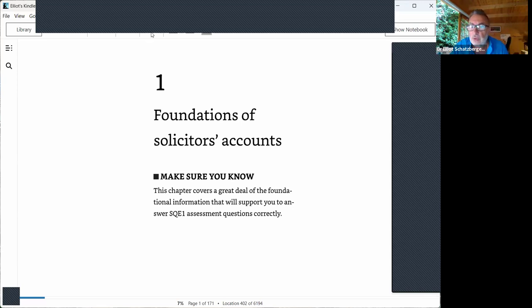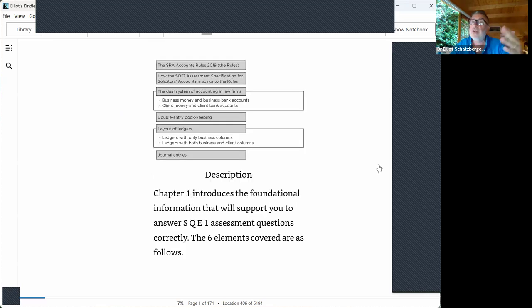So what I want to show you is how this works. Each chapter starts by telling you what you need to know, and it gives you a nice formulaic chart telling you the key points that we're going to focus on in these chapters. So it tells you right away that we're going to look at the rules.